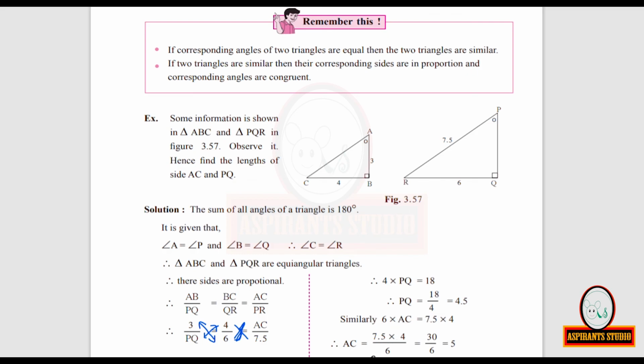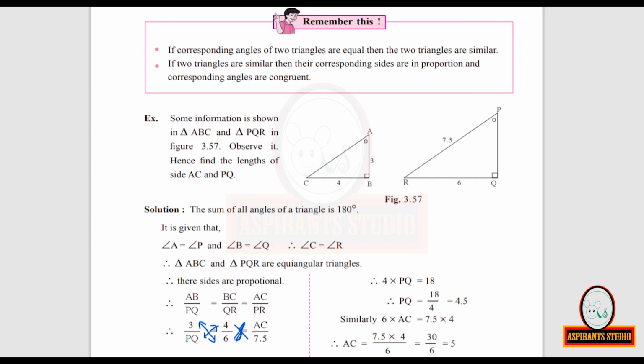So keep AC on one side and take all the numbers to the right hand side. Already you have 7.5 multiplied by 4 in the right hand side. You bring 6 from the left hand side of the equal to sign to the right hand side. Now the operation is multiplication here, so when it comes to the other side, it becomes division.